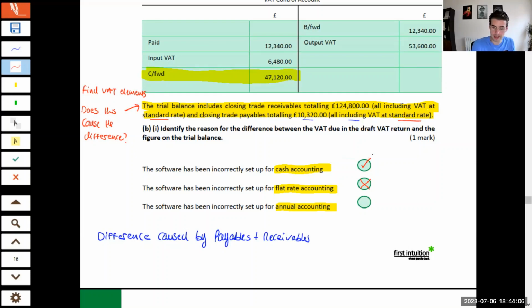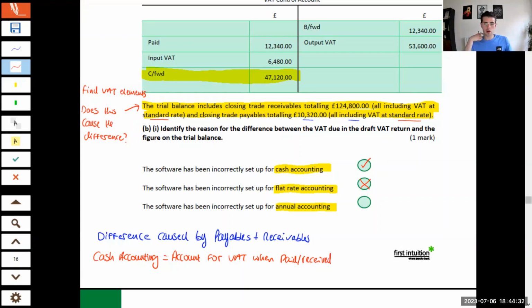Remember, with cash accounting, the key element of the scheme is we account for VAT when it is paid or received.